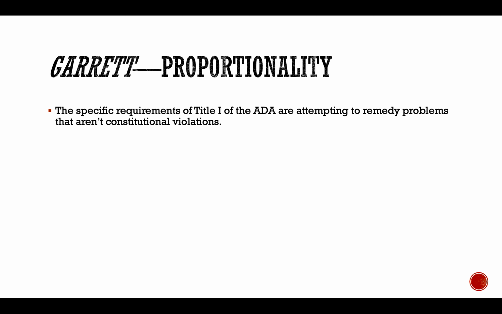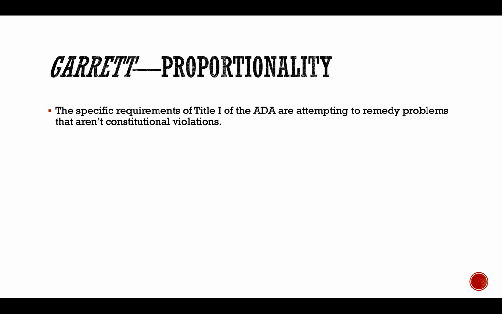Remember, the proportionality problem in RFRA was that every single piece of state legislation, every state action, was subject to the substantial burden test that RFRA set out, right? And the court said that that was way too sweeping a remedial piece of legislation.